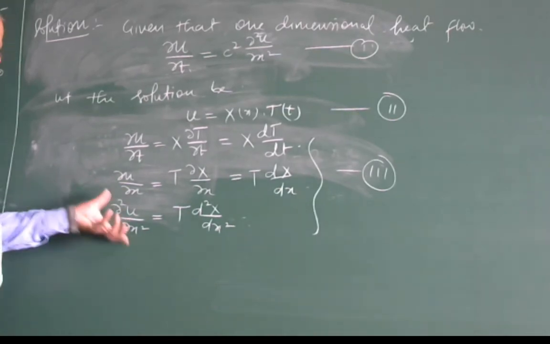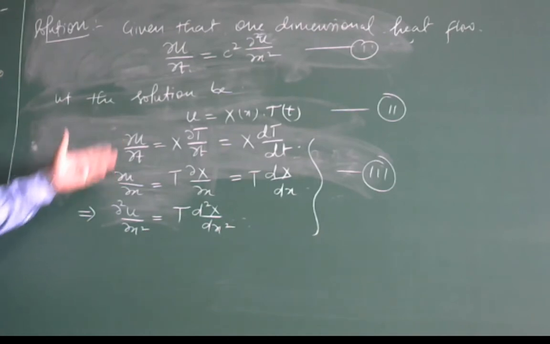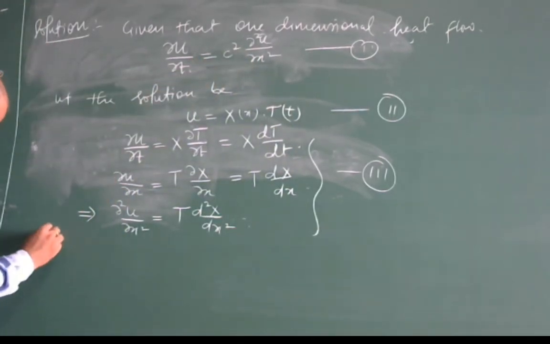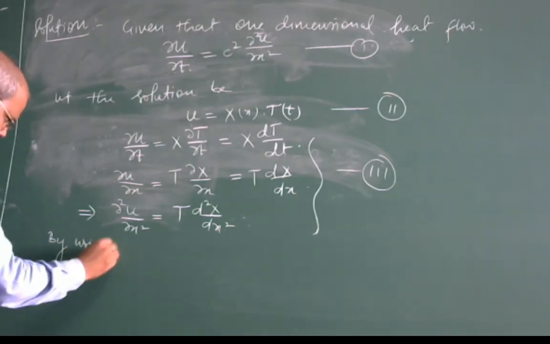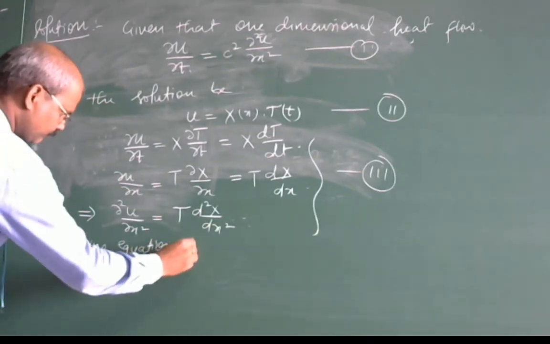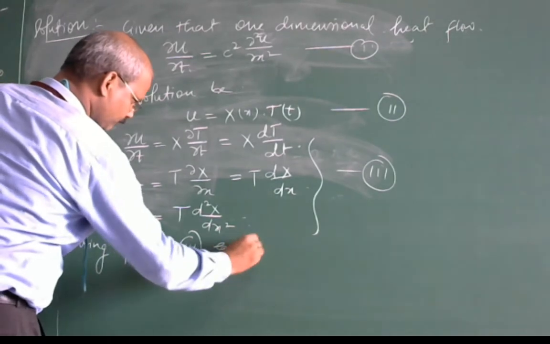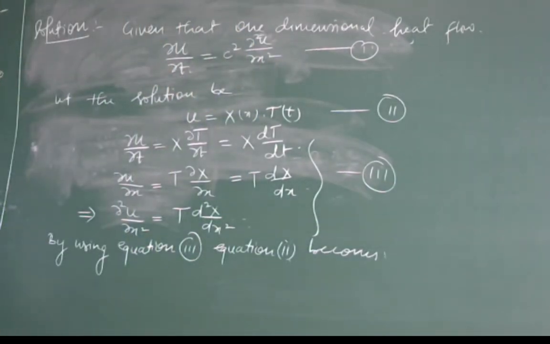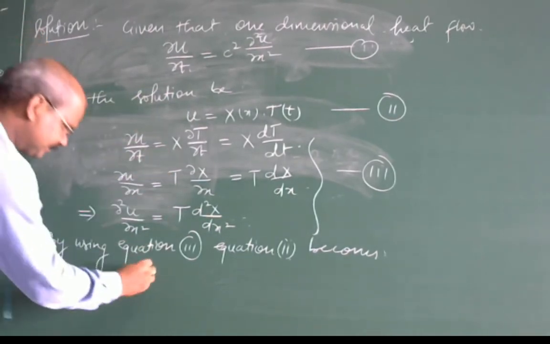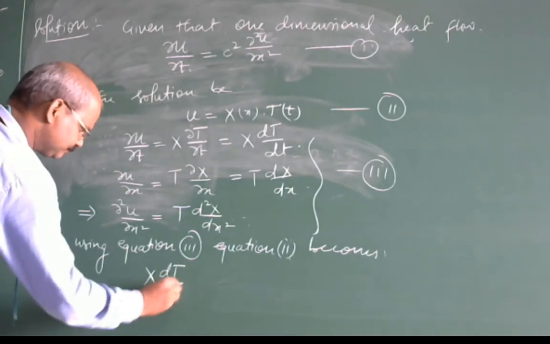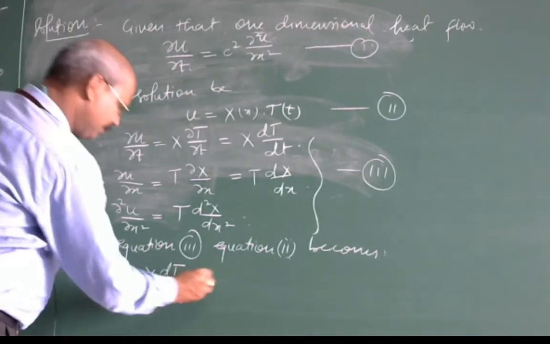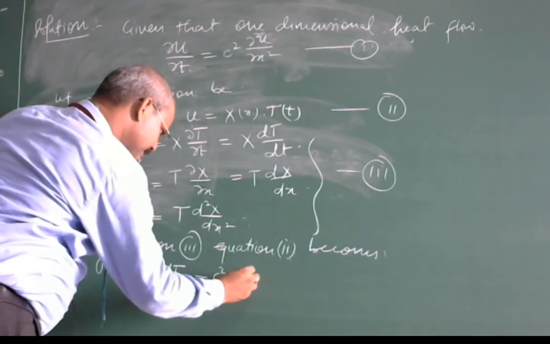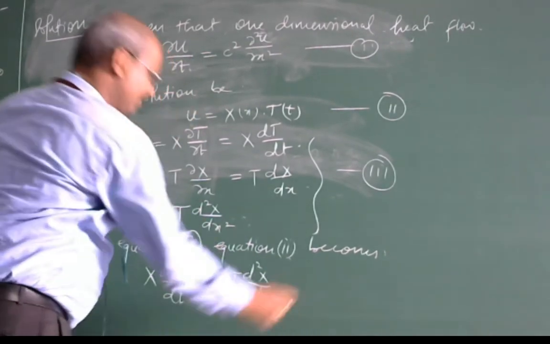So now putting these values from equation 3 into equation 2, equation 2 becomes del u by del t equal to X dT by dt, which is equal to c square del 2u upon del x square, meaning T d2X by dx square.